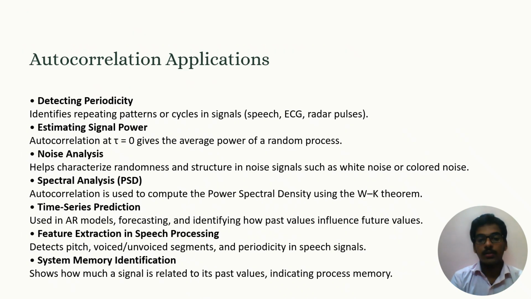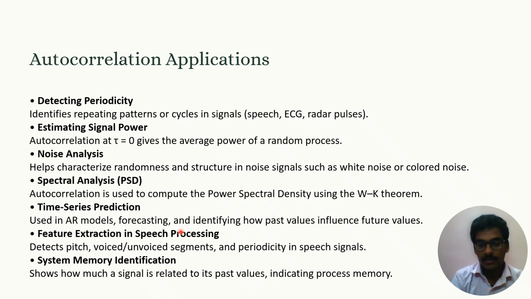The autocorrelation applications can be explained as follows. It is used to find repeating patterns or cycles in signals. It's crucial in noise analysis because different noise types have different autocorrelation shapes. It's heavily used in spectral analysis also.